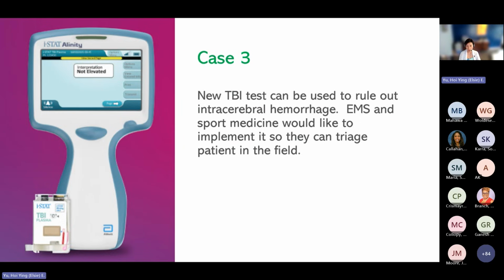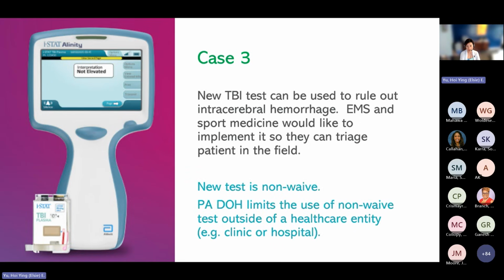But there are a couple of problems with that. And this may just be a Pennsylvania thing, but because the test is non-waived, in Pennsylvania, DOH actually doesn't allow us to use non-waived tests outside of a healthcare facility. So from a regulation standpoint, it will be very difficult to implement in the way that they want.